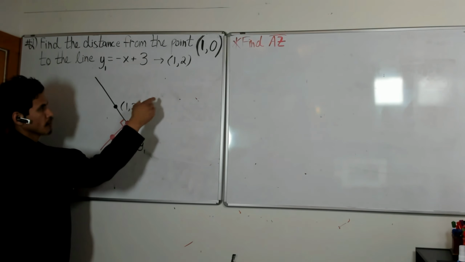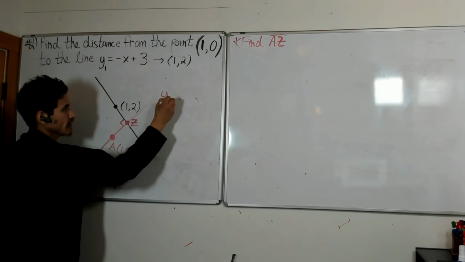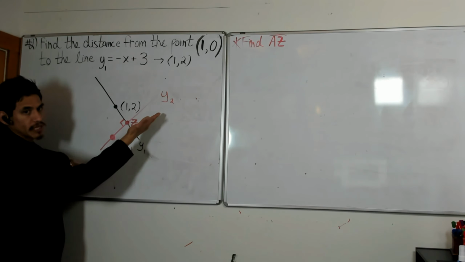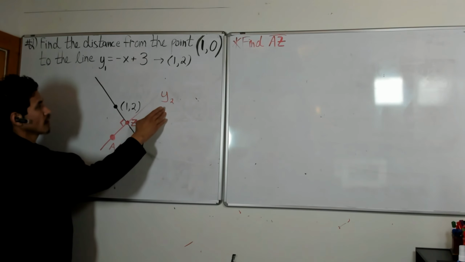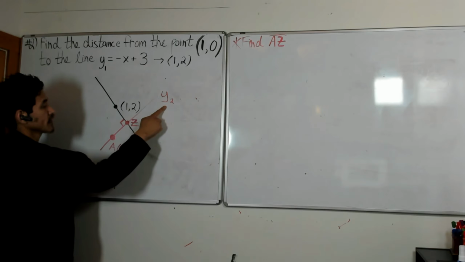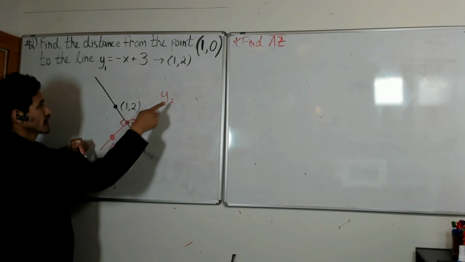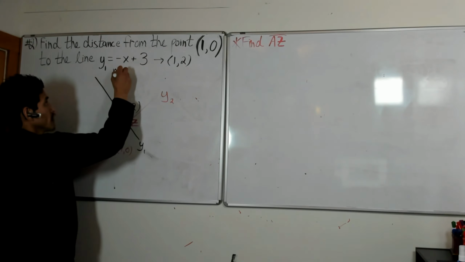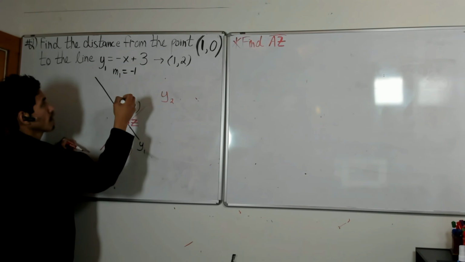For that, we want to find an equation for this line. We're going to call it y2. We can get some idea because y2 is going to be perpendicular to y1. That means the slope of y2 is going to be positive 1, because the slope of y1, let's call it m1, is negative 1.